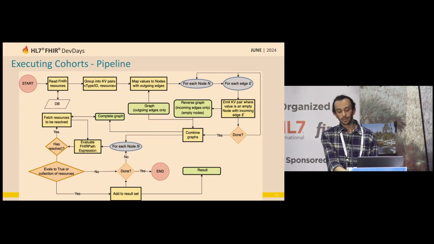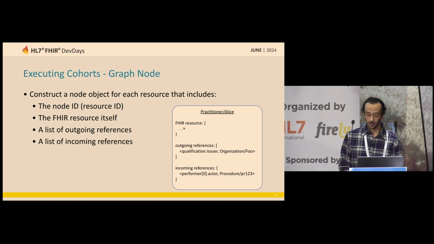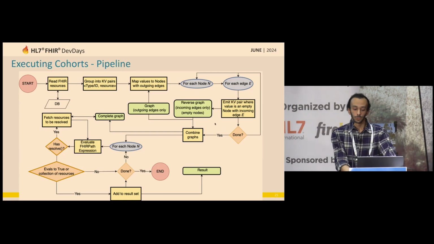This node will only have an incoming edge coming from resource X. So in this case, you will have this node here. The FHIR resource will be empty, outgoing references will also be empty, and the only thing you will have is an incoming reference from resource X, which is the node we're processing right now.